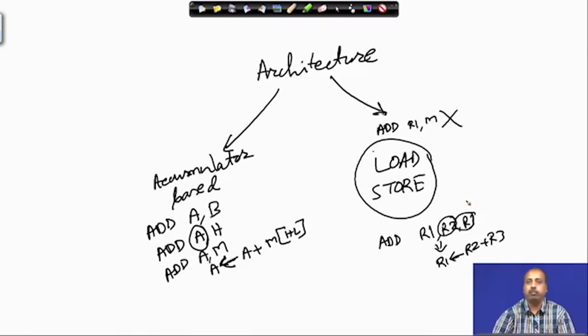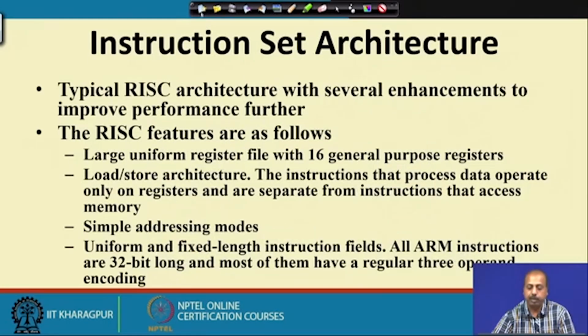It may be coming from memory, and for that you have to use the load instruction, or immediate operands are also possible. Immediates are not shown here, but they are possible. This way we can classify the architecture as load store architecture. The ARM processor follows this load store architecture.